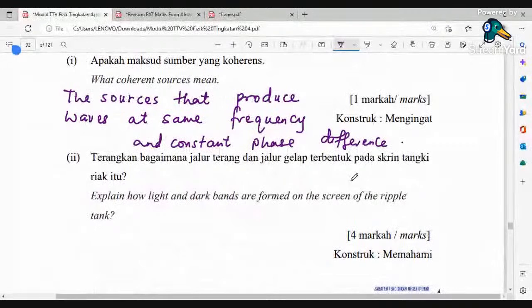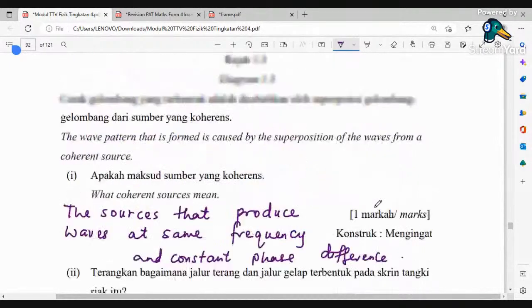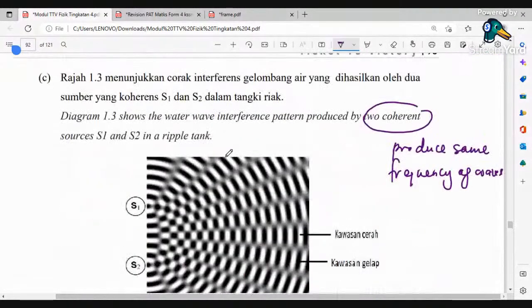Explain how light and dark bands are formed on the screen of the ripple tank. So the bright one is caused by constructive interference.